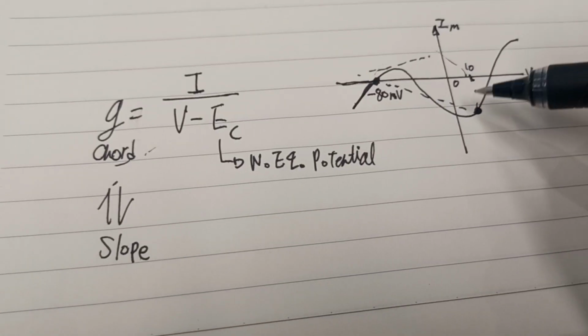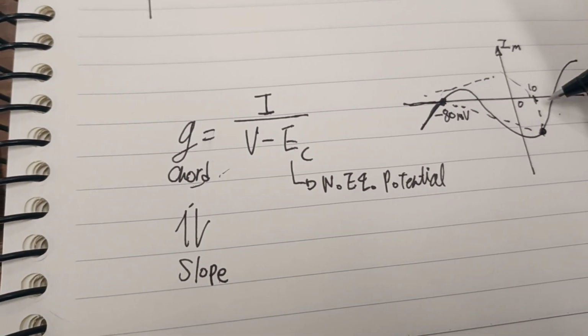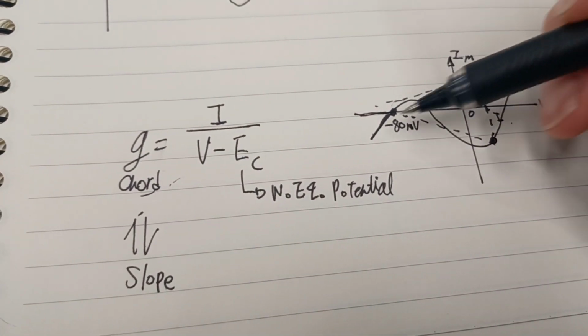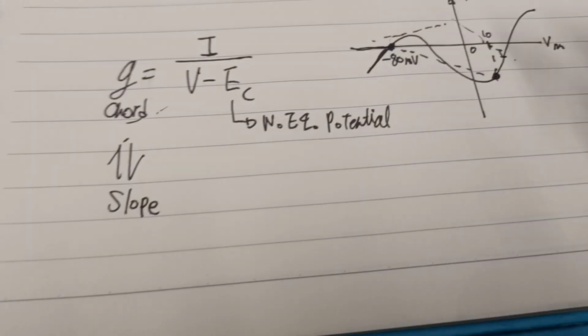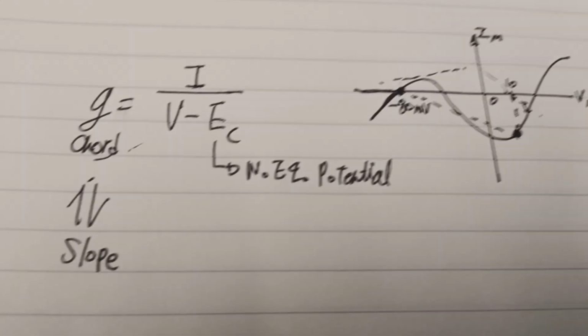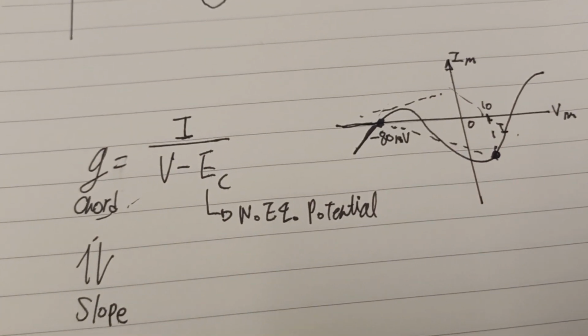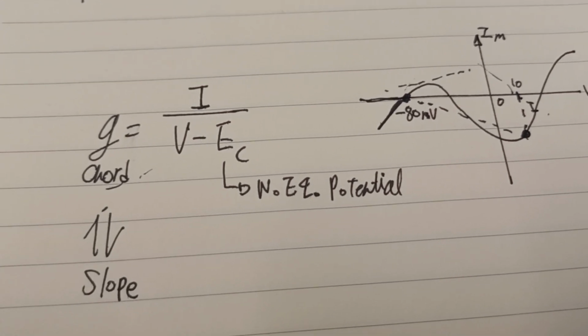And then I over here is just current. So we're drawing this triangle. This is I, this is V minus E_C going over here. So we got this nice triangle. And that is the slope, the chord conductance, right? The slope of this thing. And that is what's more commonly used in electrophysiology.